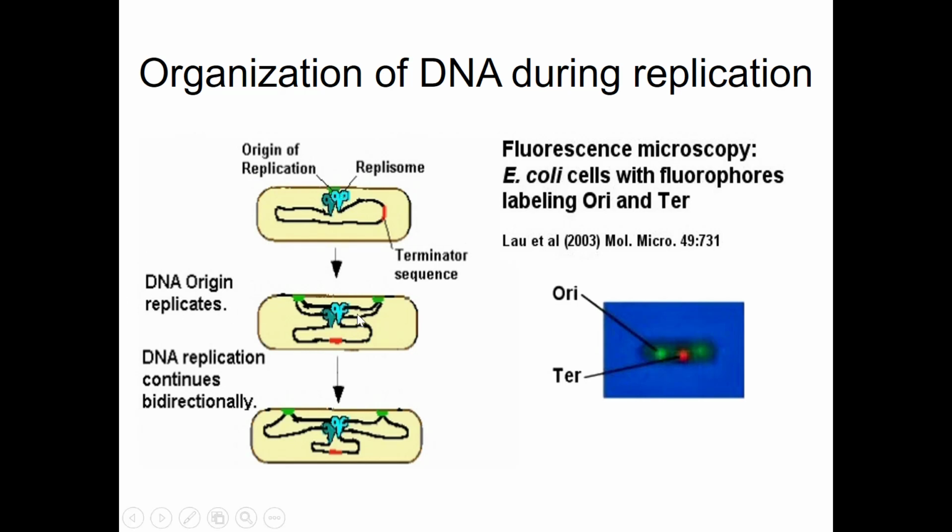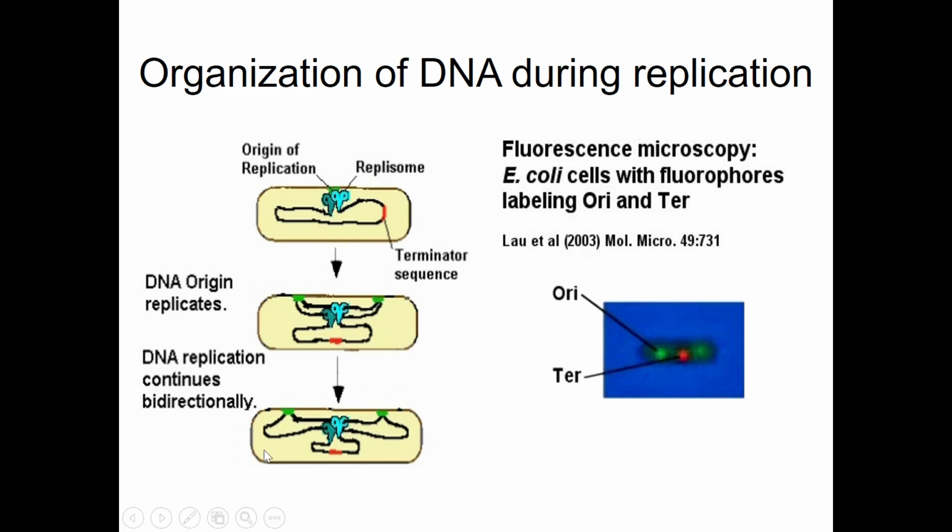And what happens is, as the origin gets replicated, it starts to move out to the bacterial cell poles. So the ends of the cells are referred to as the poles of the cells, meaning that the terminus, or the sequence that gets replicated last, stays near the middle of the cell.